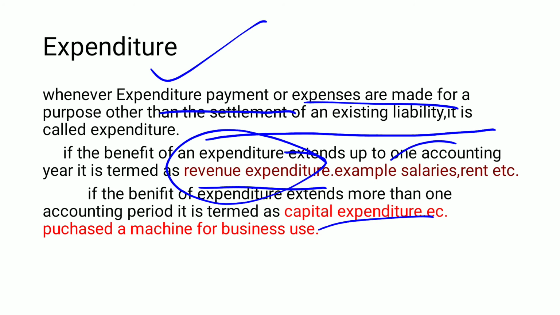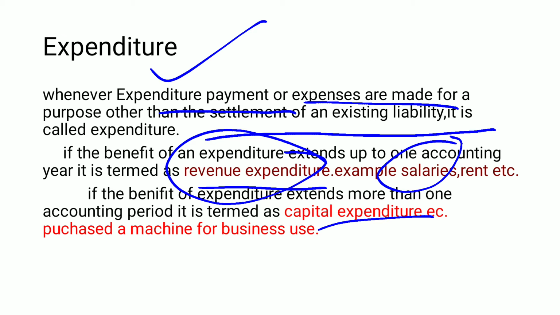For example, salary. As you know, an employee worked, he performed his work or completed a work. At the end of the month, after completing that, he earns the salary.